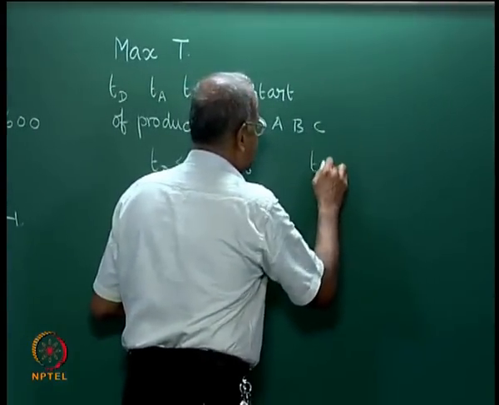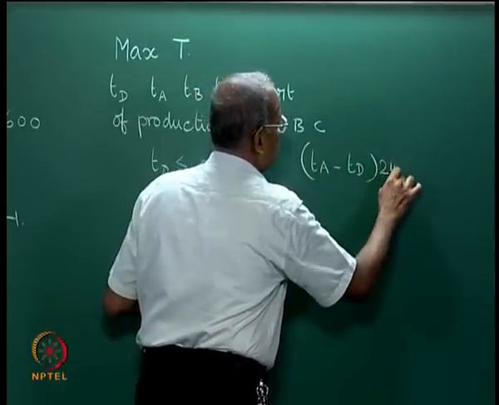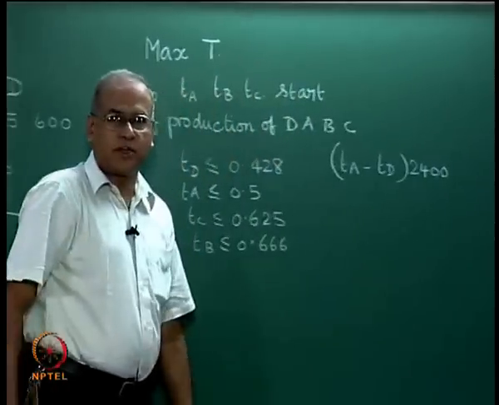Then we produce the item D for a period TA minus TD. So, TA minus TD into 2400 is the production rate.